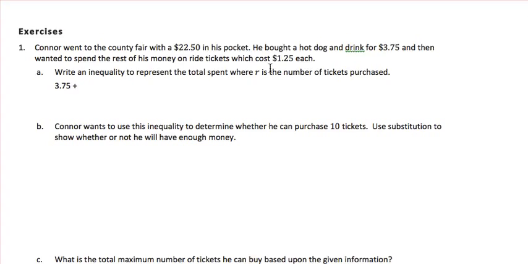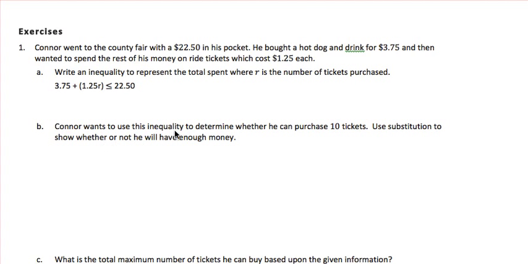The rest of his money, which is $1.25 times R. And we're looking for R. Now this amount has to be less than or equal to $22.50 because that's all he has in his pocket. So here's our inequality.